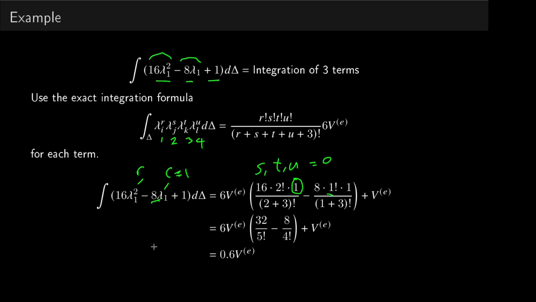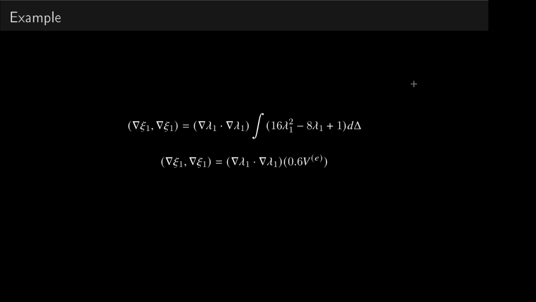For the last term, you just have 1. So the integral of 1 over the volume of the tetrahedron just gives you the volume itself. We get the final value of 0.6 times the volume of the element. That's how we evaluate the exact integration.